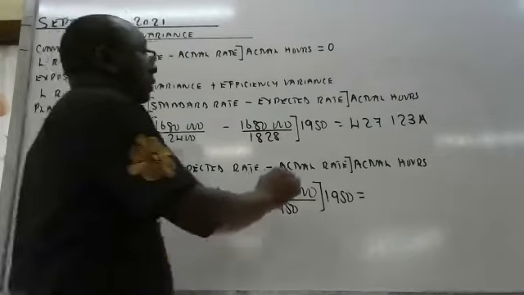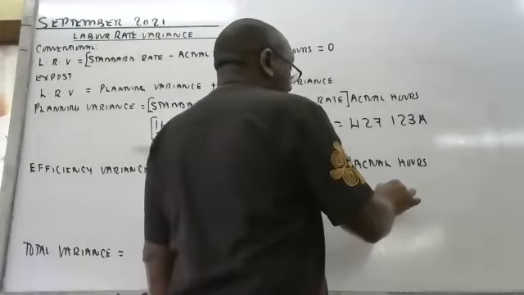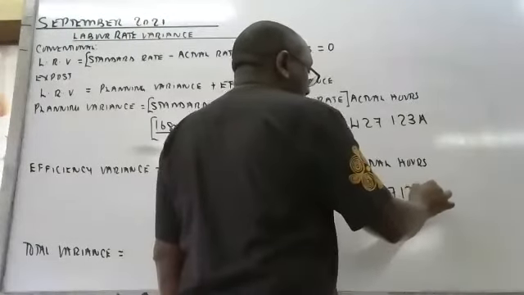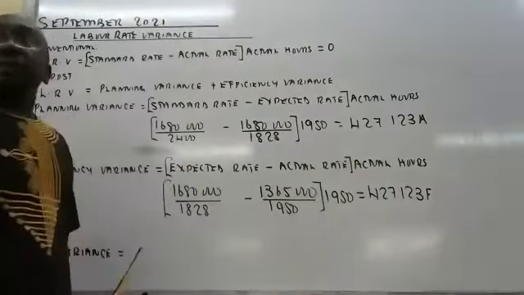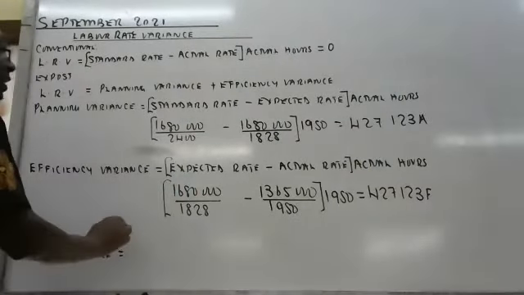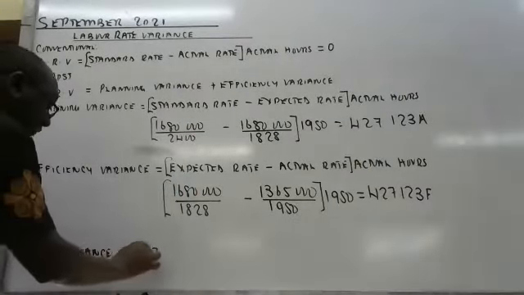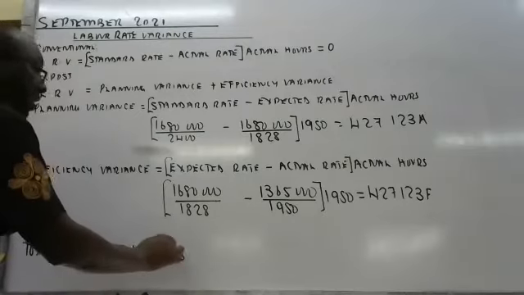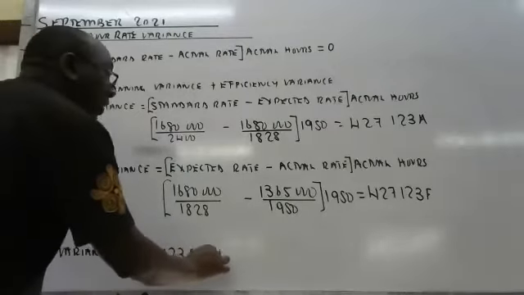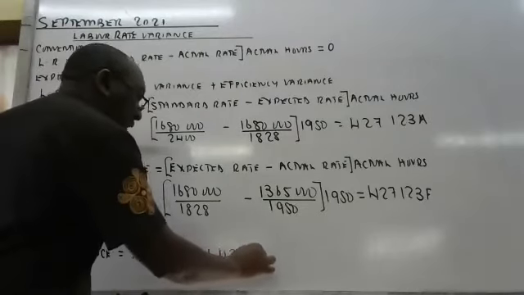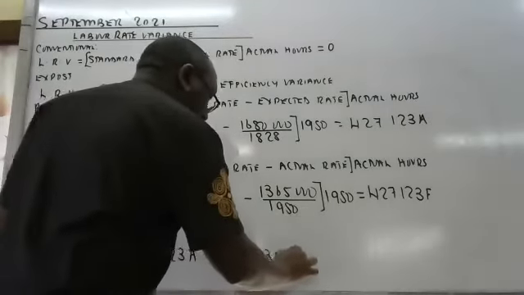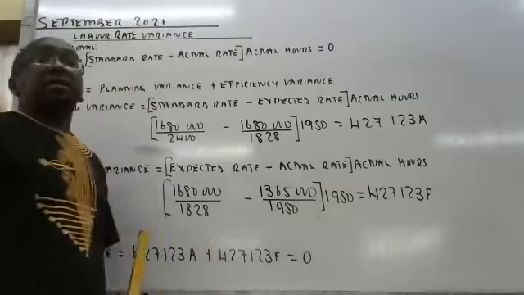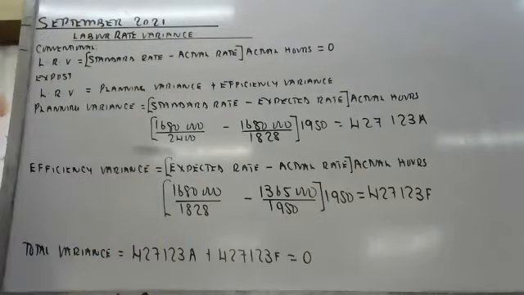427,123. Okay, so now when you combine them, you will have 427,123 adverse plus 427,123 favorable, and that gives you what? 0.